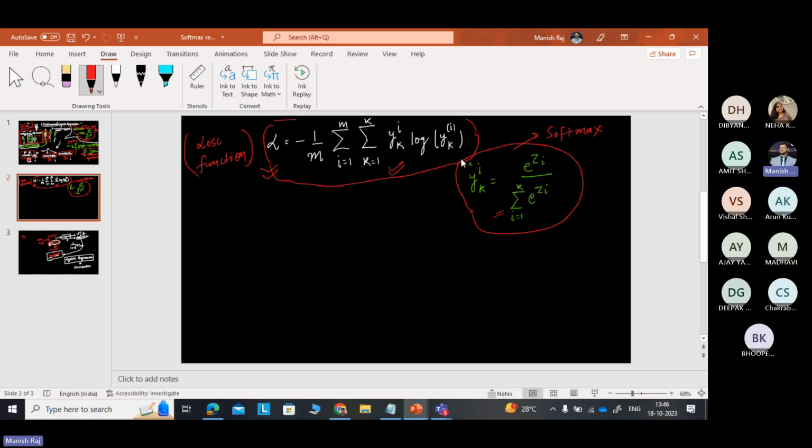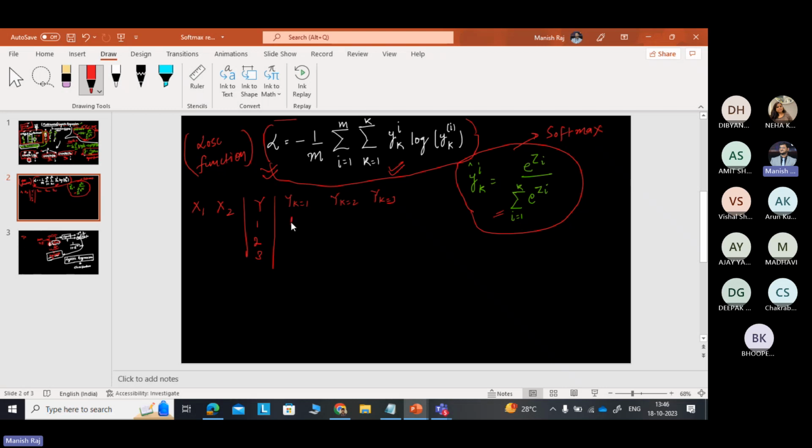If you want to calculate this part, I can take one example to help you understand. Take an example with x1, x2 as the input part, where one is IQ and the other is CGPA, and y for 1, 2, 3. This is for yk equal to 1, yk equal to 2, and yk equal to 3.